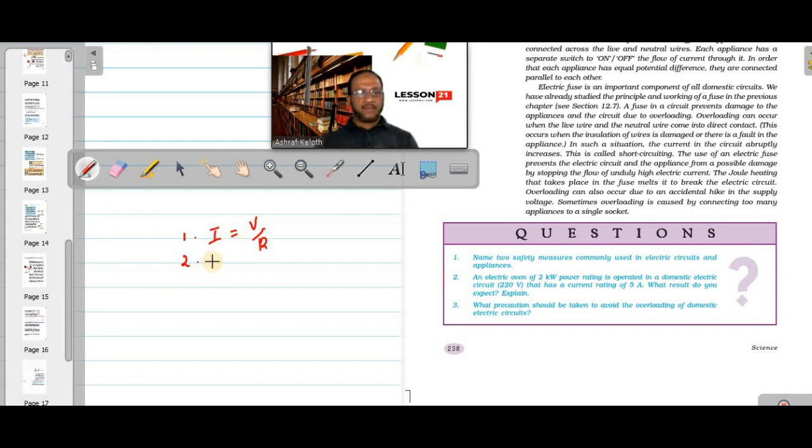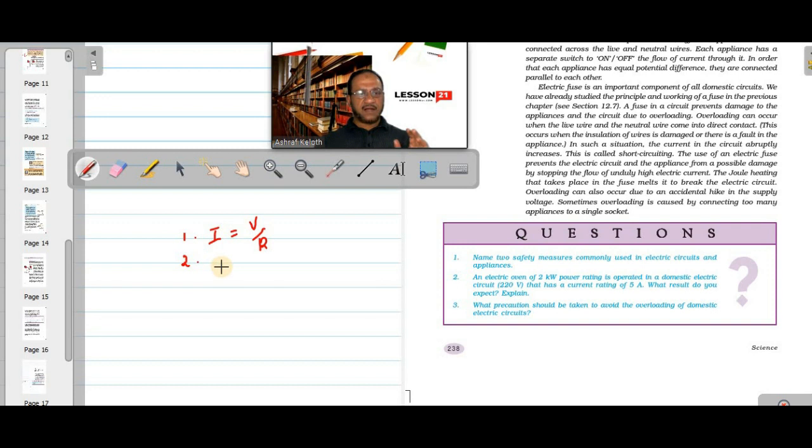The second point, we should not connect too many appliances in the same line, so that the power exceeds the power rating of the circuit. So we should always connect devices whose power is less than the power rating of the circuit.